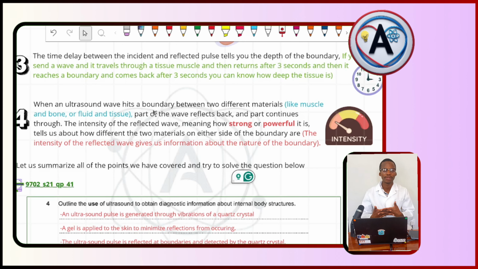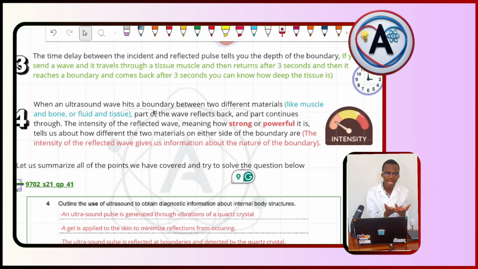At the stomach of the baby, some part of the wave is going to be absorbed, because it's a change in boundary from the skin of the baby inside. But at the foot, the foot and the skin are two different materials and two different boundaries, so the wave that comes back will have differences in intensity.